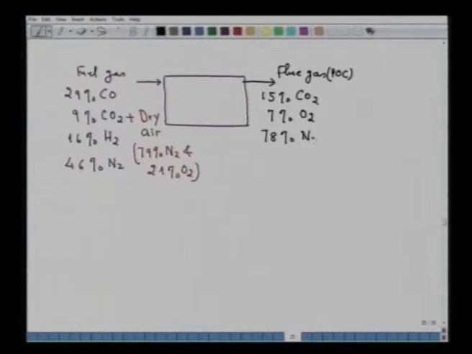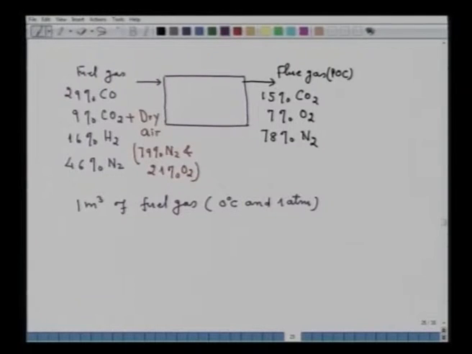And the first calculation we have to do is the volume of POC. So, in order to calculate the volume of POC, let us assume 1 meter cube of fuel gas as the basis of calculation, at 0 degree Celsius, 273 Kelvin and 1 atmospheric pressure. That is what is given to us.